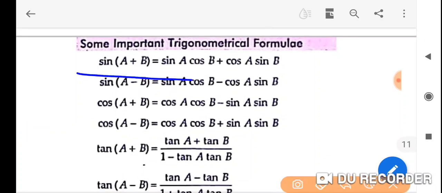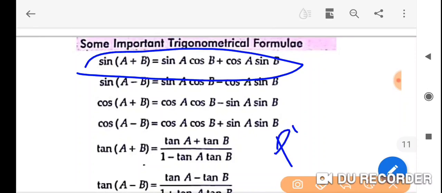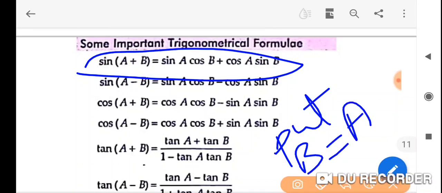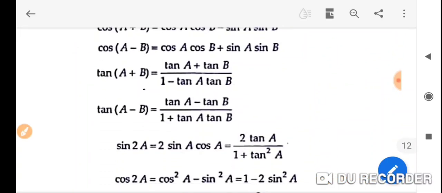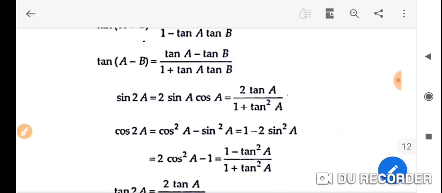If you put B equals A on both sides, that is in the LHS and RHS both, you will get the expression 2 sin A cos A. Sin 2A equals 2 sin A cos A.